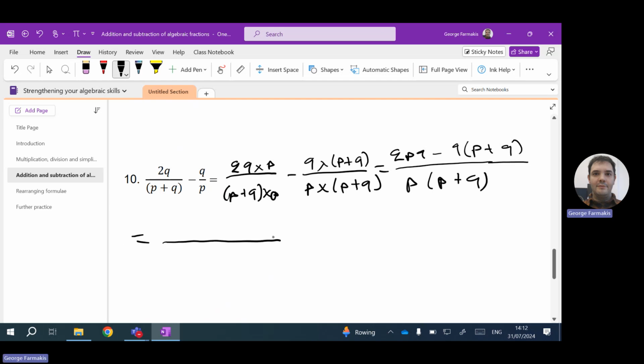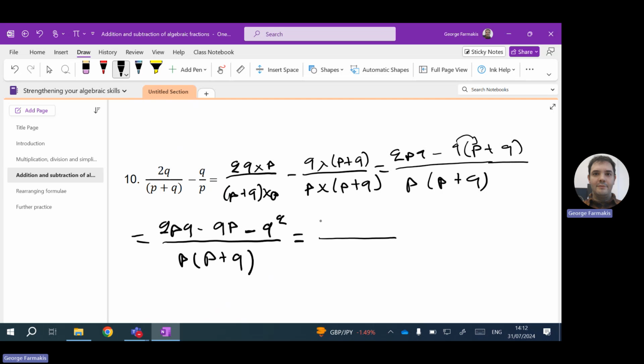Okay, let's continue the calculation. So p plus q, and we have 2pq, and then we have minus q times p, minus q times q, q squared. Okay. So here we can see that we have just 2pq minus qp, or pq.